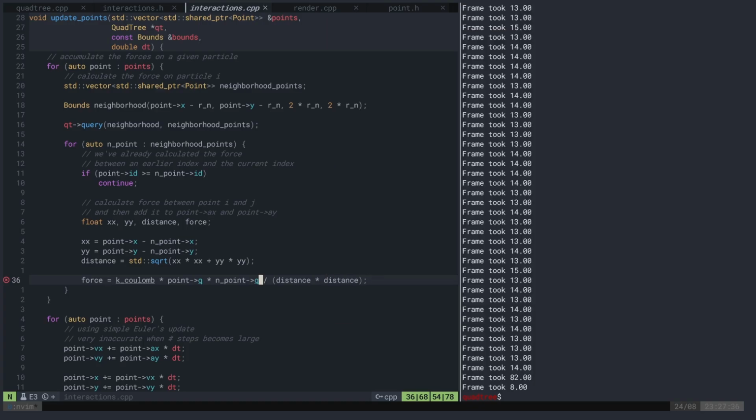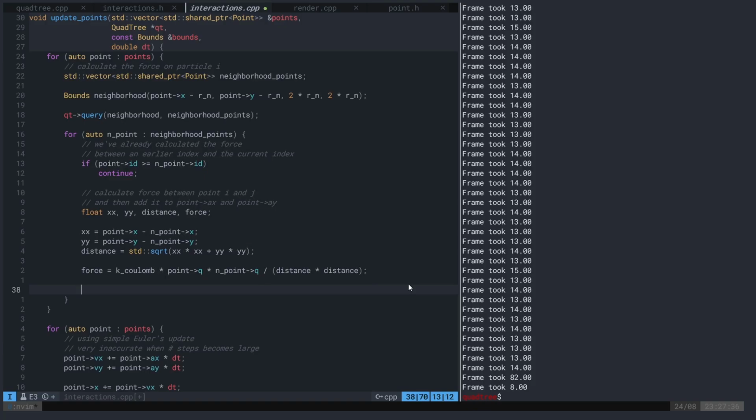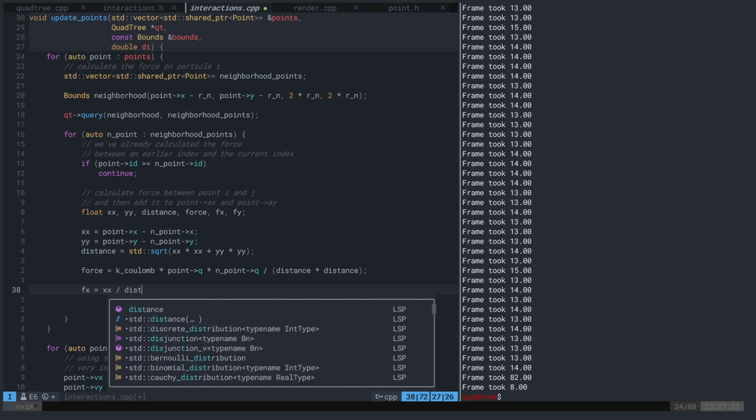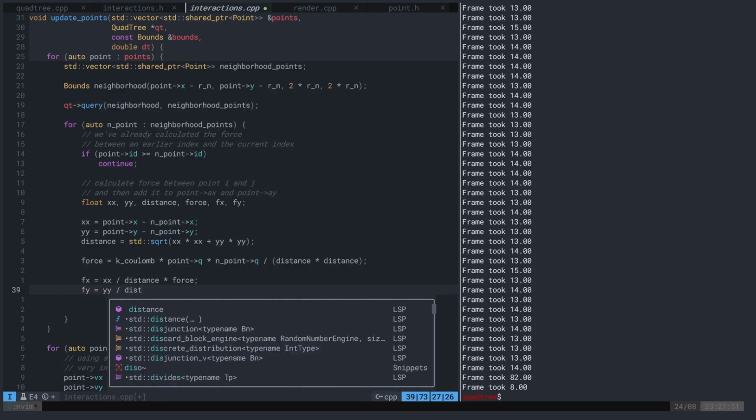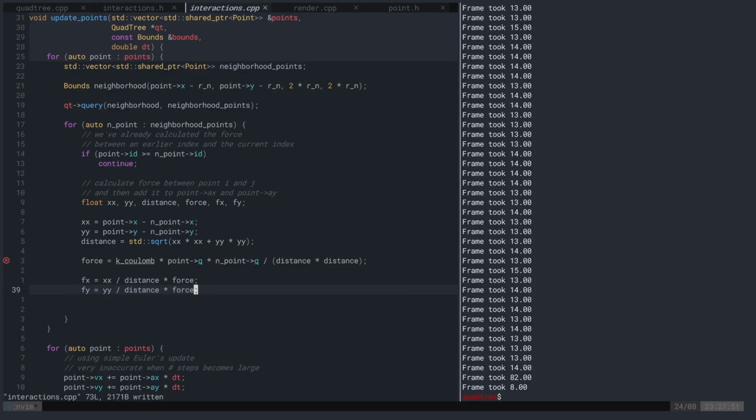Let me remove this. So we have our force. For visibility, let's just create Fx and Fy. Fx is just going to be xx over the distance times the force, and Fy is yy over the distance times the force.